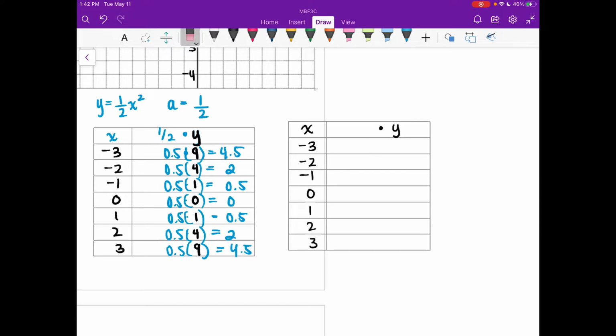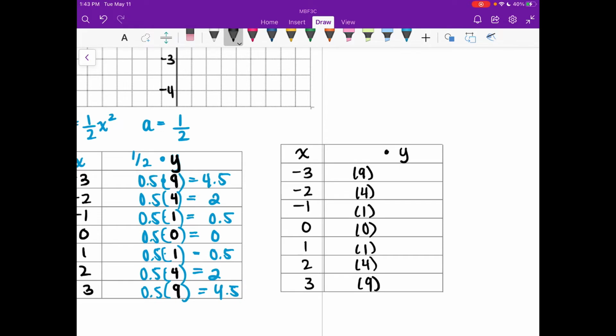So I'm just going to move these, make it a little cleaner. So just keep them in brackets, just easier math. 4, 9, right? And I need to go back and look at my equation of my line. So it's going to be y equals 1 over 3x squared. And if I look at this, my a value is just 1 over 3.